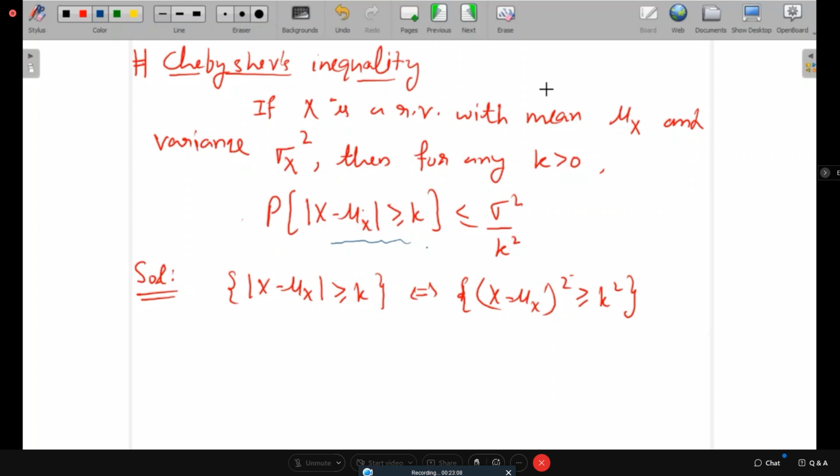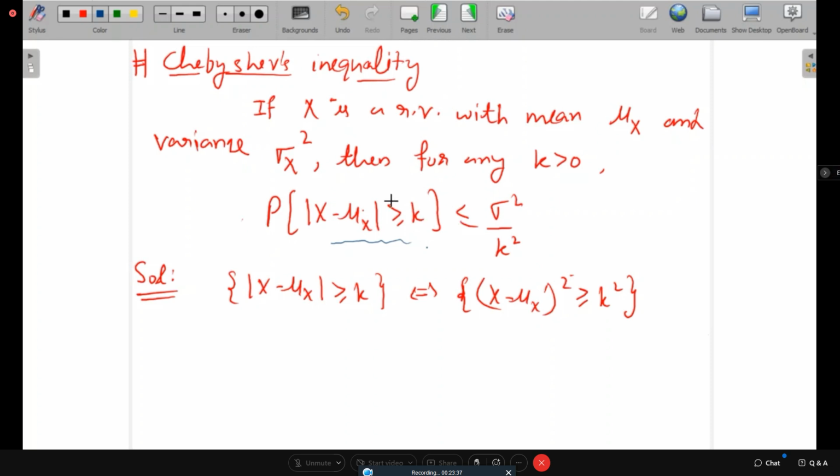So what does mod of x minus mu x denote? What you have learned in calculus, the absolute value. So it's a distance between the mean point and the point which we are considering, and we are trying to limit it into some range from mu x minus k to mu x plus k.